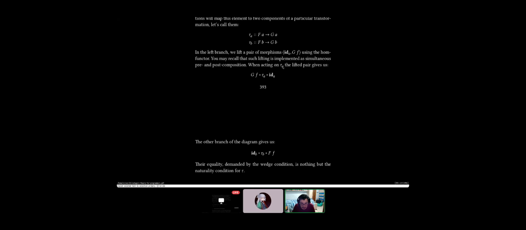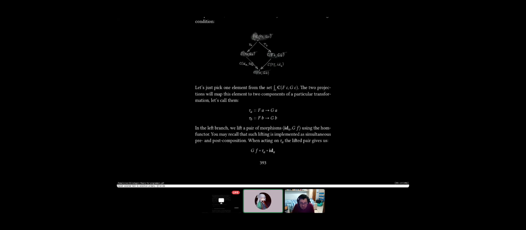Okay, so then we are putting the tau in the middle. Why are we doing that? Because this is just this arrow here applied to tau at A. But that thing is a home set. What do you mean?